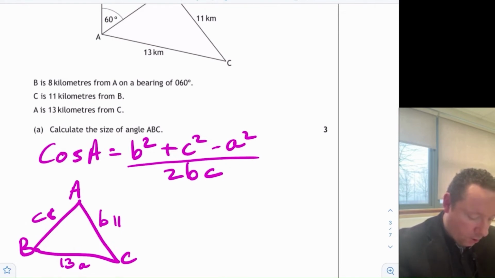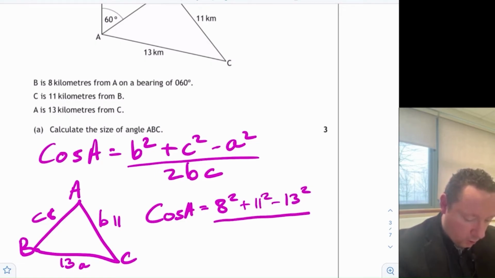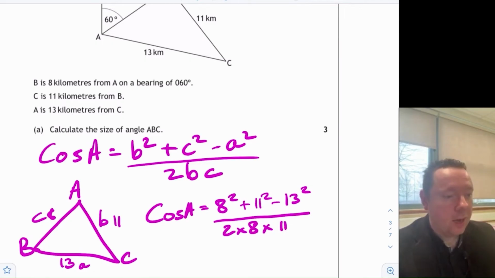So we can say that the cos of our angle equals 8 squared plus 11 squared minus 13 squared over 2 times 8 times 11. And you would get a mark at that point for substituting in.